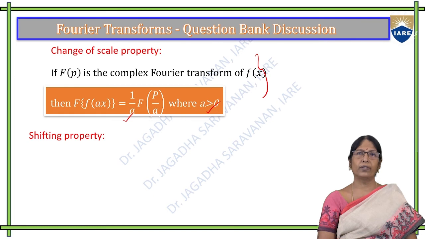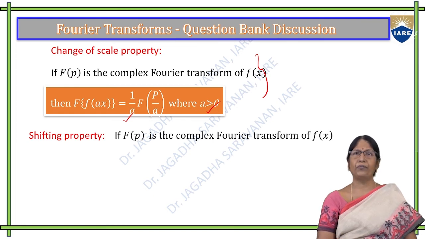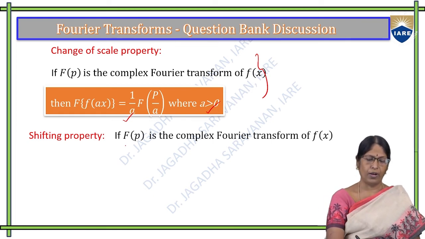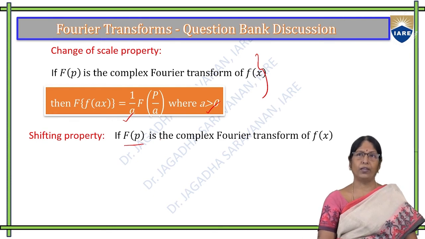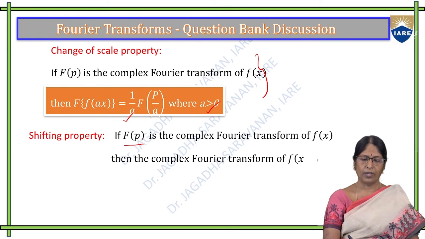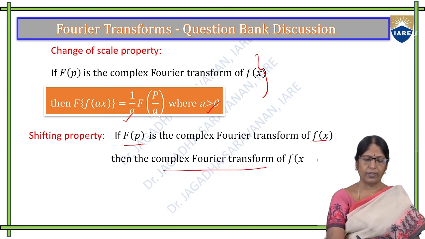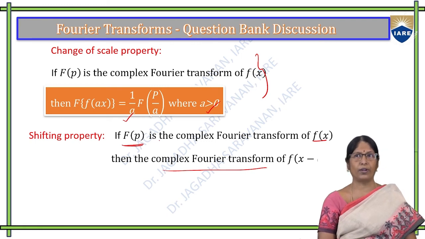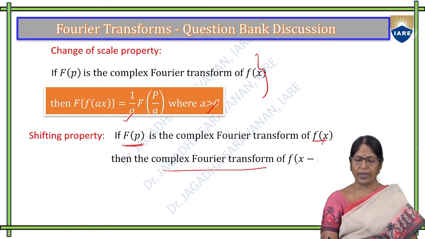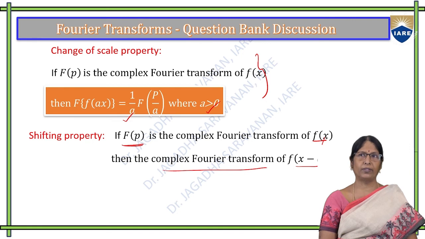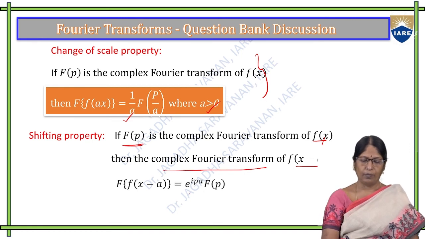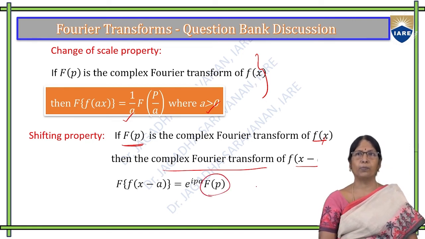The next one is the shifting property. The shifting property is: if capital F of p is the complex Fourier transform of f of x, then if instead of x it is x minus a, the Fourier transform is multiplied by e power ipa.